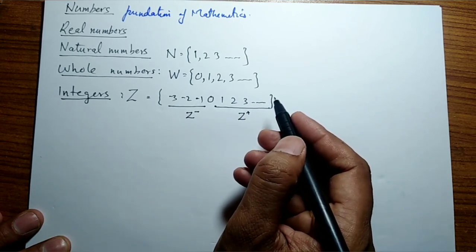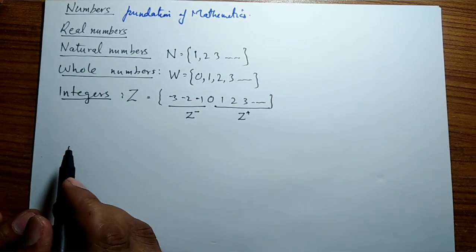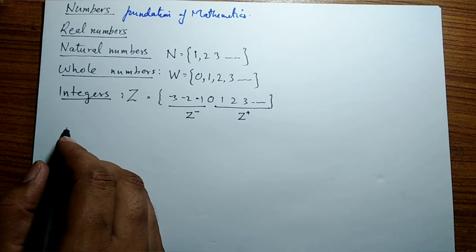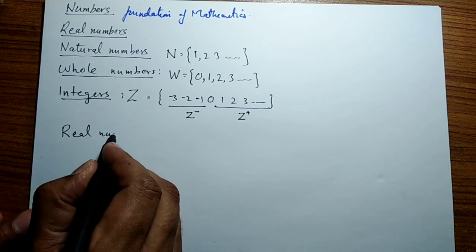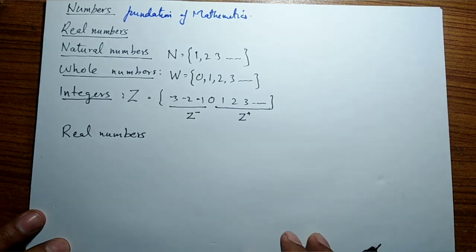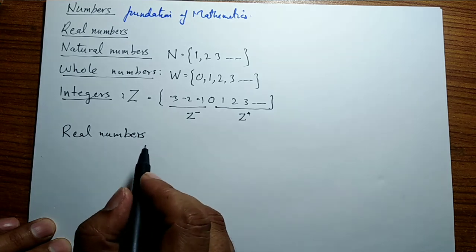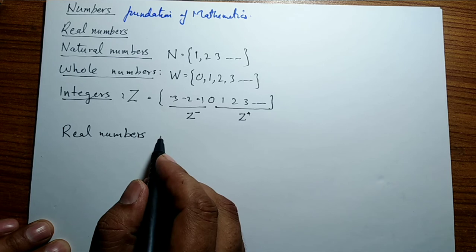So after discussing these numbers, now we are going to discuss the real numbers. So what are actually real numbers? Real numbers can be defined as a set of two sets of numbers.